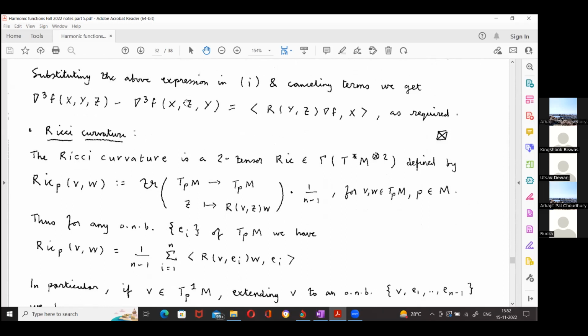Okay. So now let me define what is called the Ricci curvature. Remember the curvature tensor, which you could think of as a 4 tensor, right? It acts on 4 vectors.